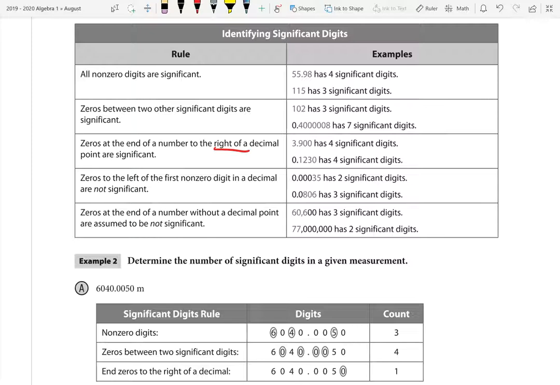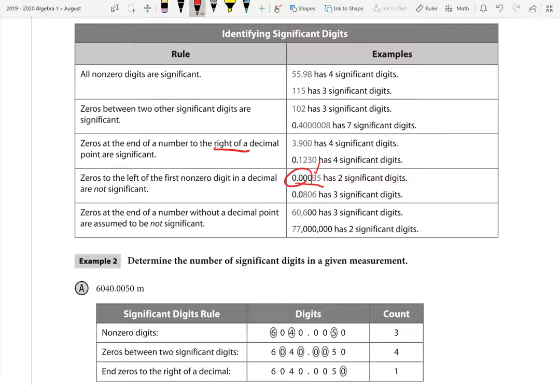Zeros to the left of the first non-zero digit in a decimal are not significant. That one's confusing, okay? Zeros to the left of the first non-zero digit in a decimal are not significant. So in this example here, the 3 is that first significant non-zero number.